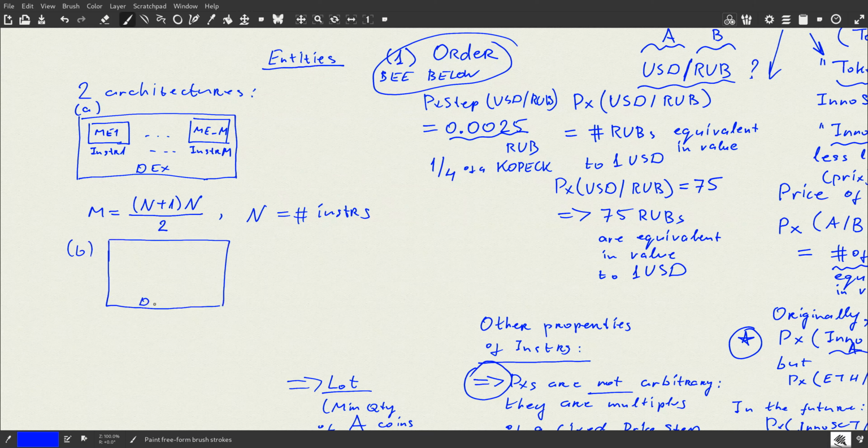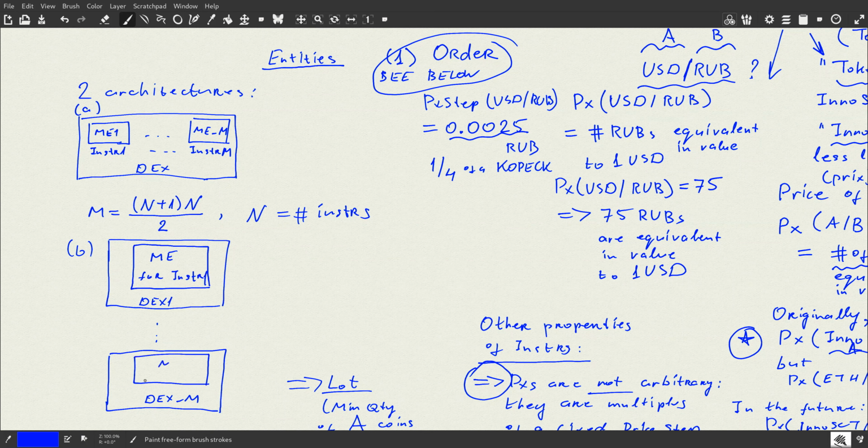So we have DEX 1 and so on, DEX M. And in the main part, maybe not the only part, but the main part of our DEX, there is a matching engine for a particular instrument. So here is the matching engine for instrument 1. Here, there is a matching engine for instrument M.